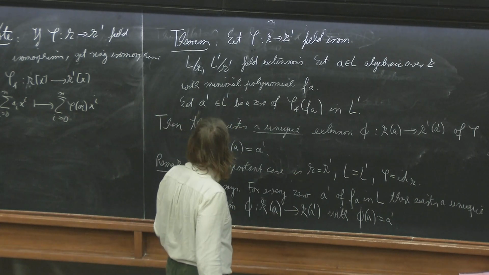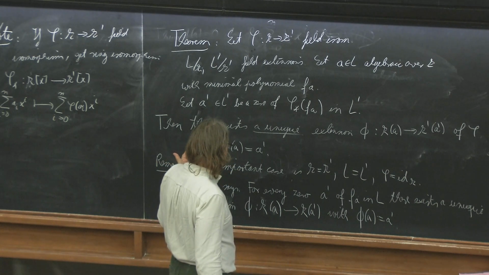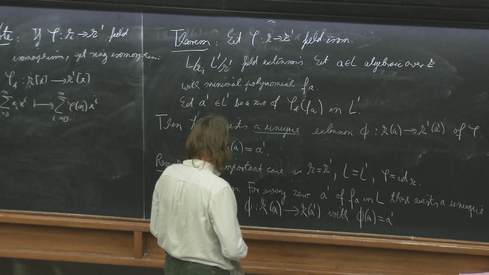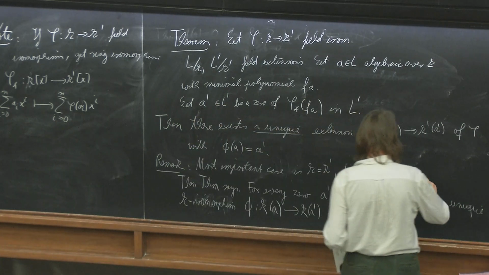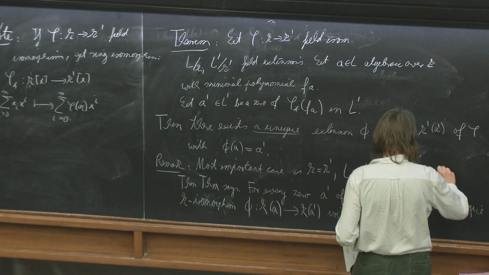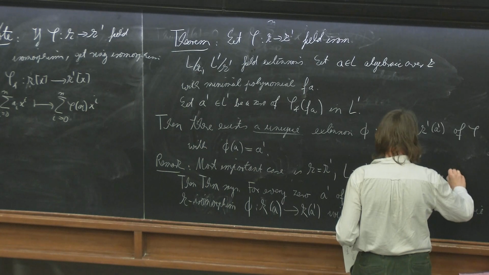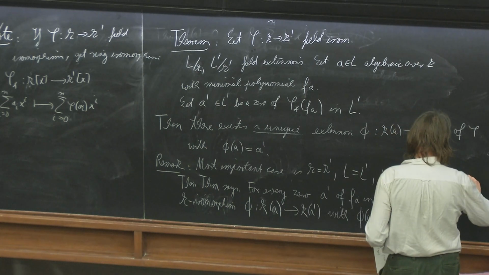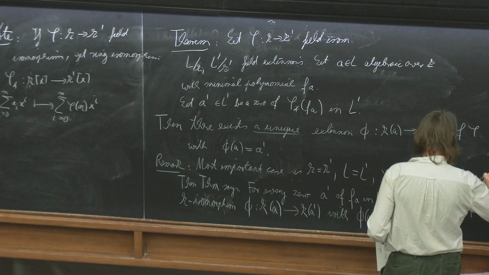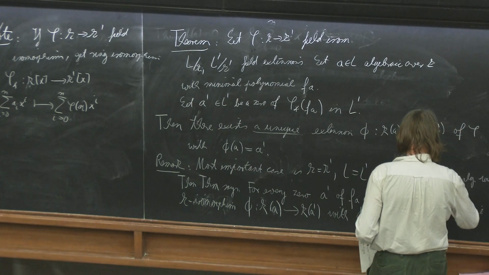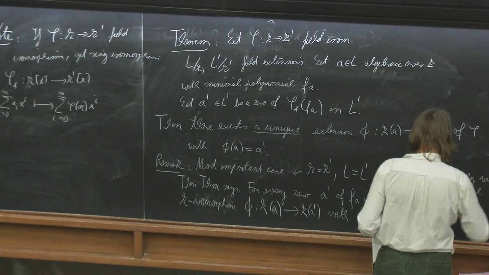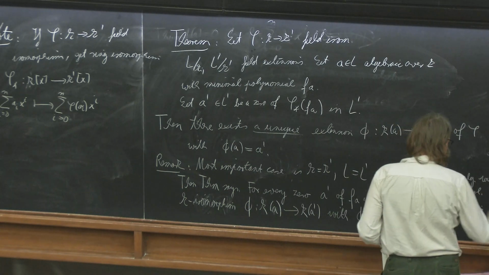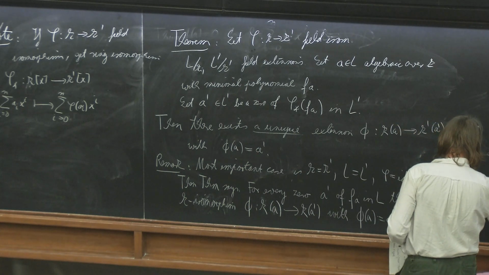So we assume that, so maybe I write it here: a in L algebraic, with minimal polynomial f_a over K.